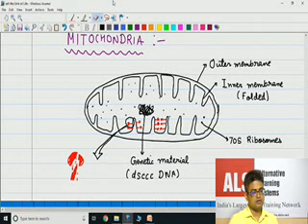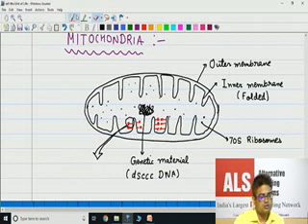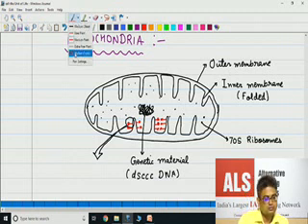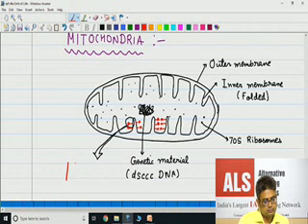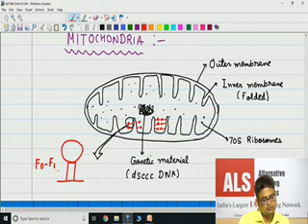Basically, wait a second. Let me draw it. There is no need of drawing it with a separate color. Yeah. So this is the F0-F1 particle or the oxysome.